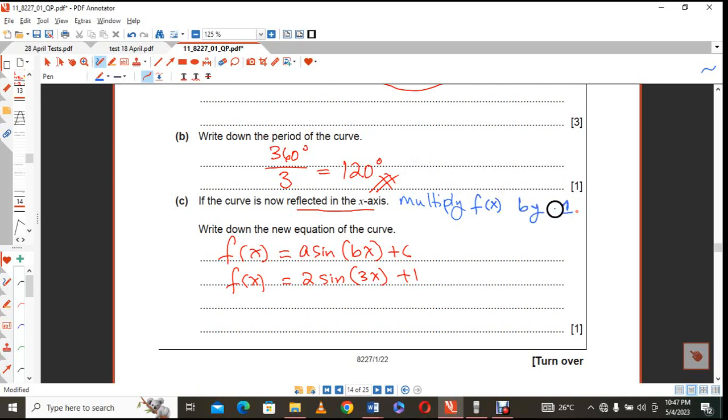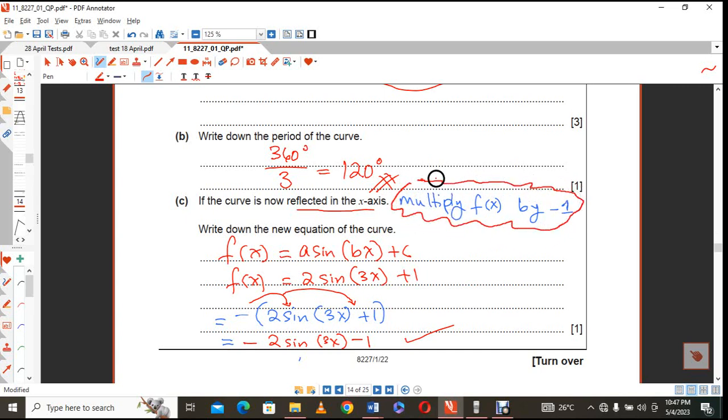So that implies that you're going to have minus, in bracket, 2 sine 3x plus 1. And if you were now to multiply that function by -1, distributing that negative, the first term is going to be minus 2 sine 3x, and a negative times the 1 is going to be -1. Very important that you remember this very important fact here.